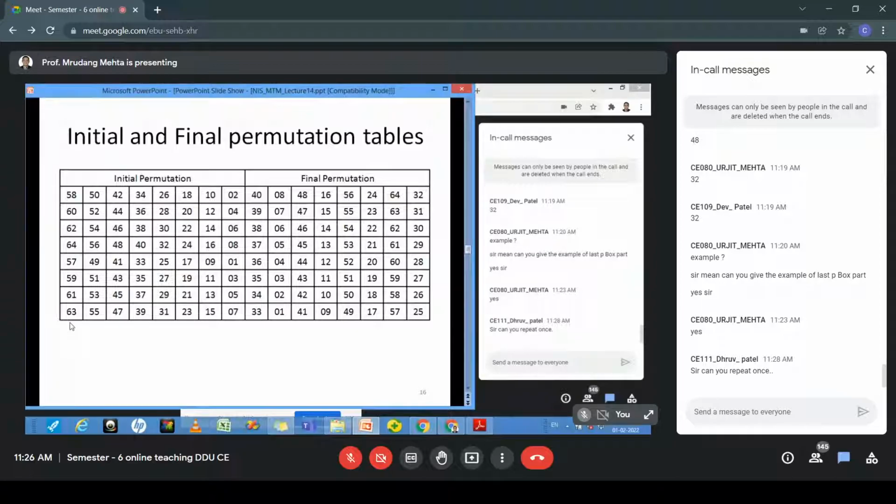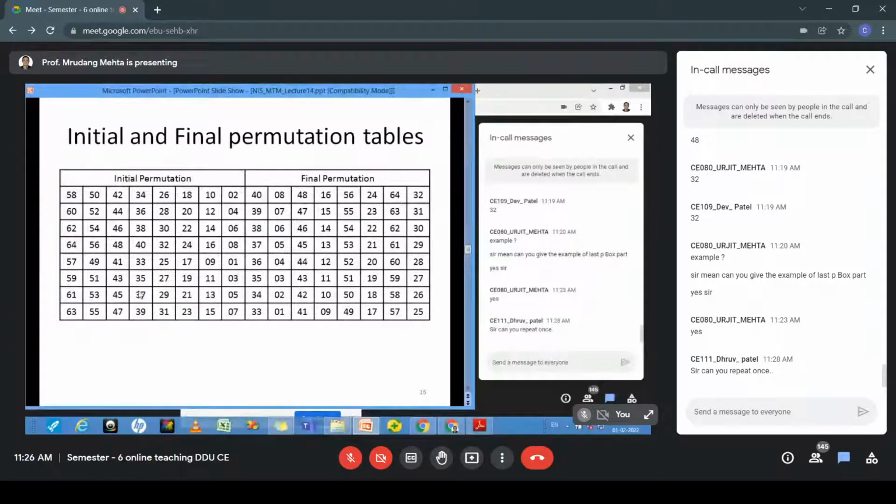So the 32nd bit is going to be in the 7th row, 4th column. 7 into 8, that is, 6th row into 8, so 48, 49, 50, 51, 52.